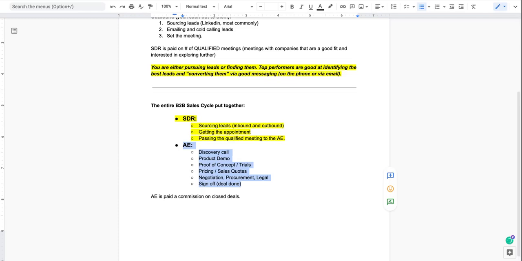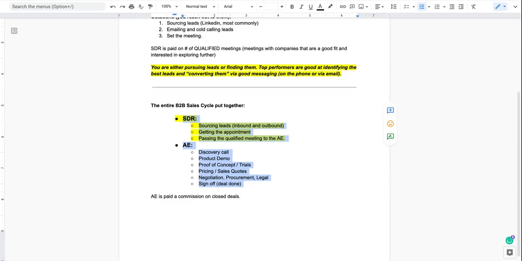This whole process can take anywhere from a few days to several months and even a couple of years for big multi-million dollar software deals.